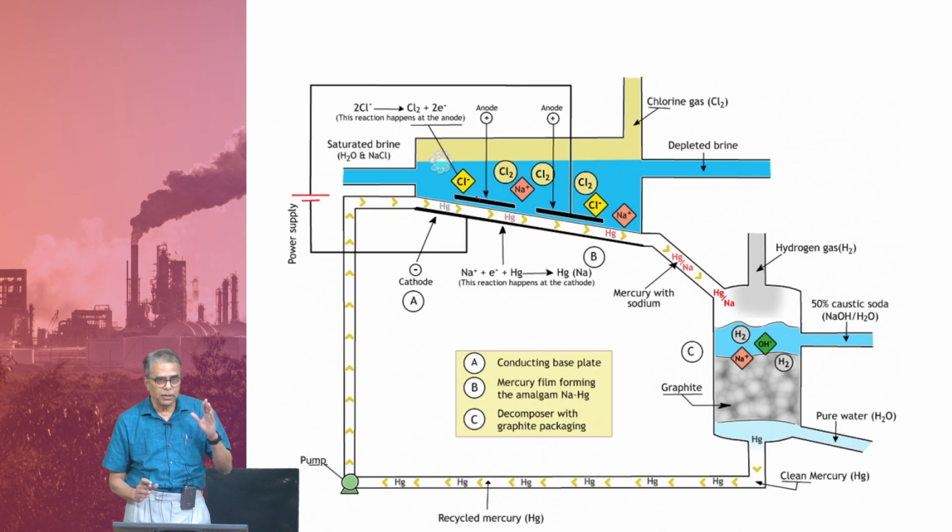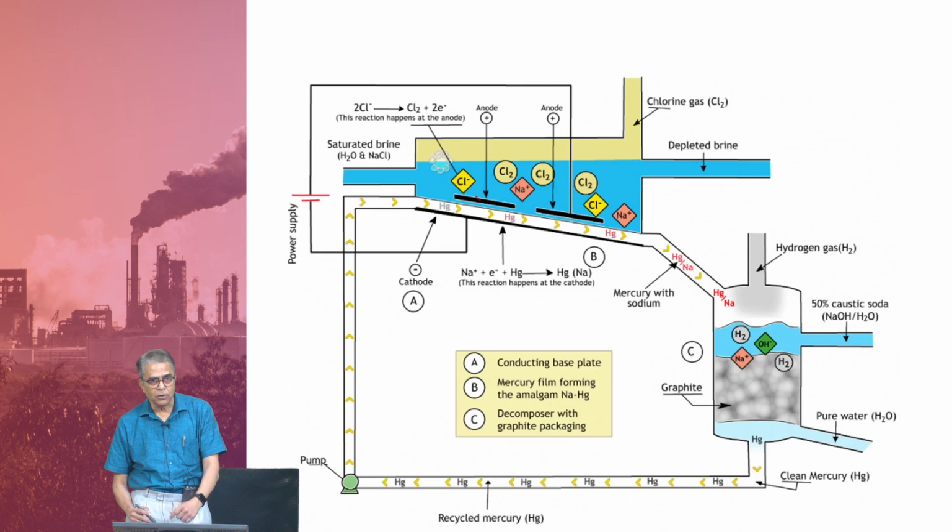So, reaction between sodium and water takes place, it becomes Na+ again, OH-, the electron is picked up there and hydrogen is pushed out. So, hydrogen gets liberated as a separate gas here, in a separate piece of equipment. By adjusting the flow rate of mercury sodium amalgam and water, you can adjust the concentration of caustic that we produce. So, that is the part.